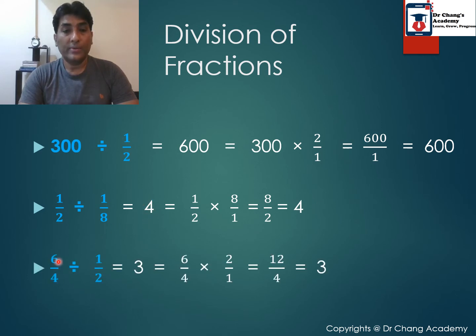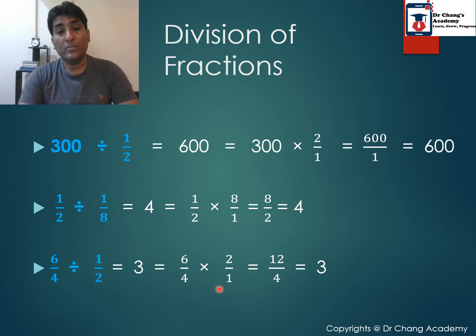Another problem here: 6 over 4 divided by half, or in other words, how many halves are in 6 over 4. Now we know that 6 over 4 is actually 1.5, because these are fourth parts and we have 6 such parts. 4 parts make 1 and the other 2 parts make half. So there are 3 halves here, and if we divide by half, the answer is going to be 3, because in 3 halves, half is going to be 3 times.